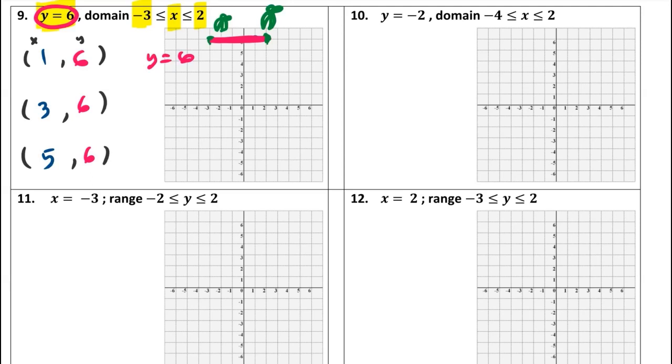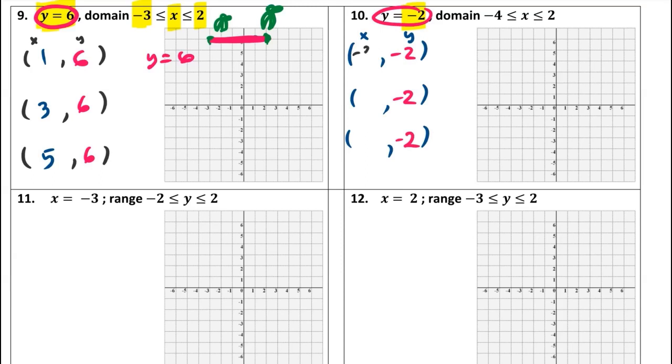Alright, number 10. For the x and y ordered pair, you can choose any value, but your y value has to be -2. So all the y values have to be -2. You can choose different points compared to mine, but we'll have the same answer.